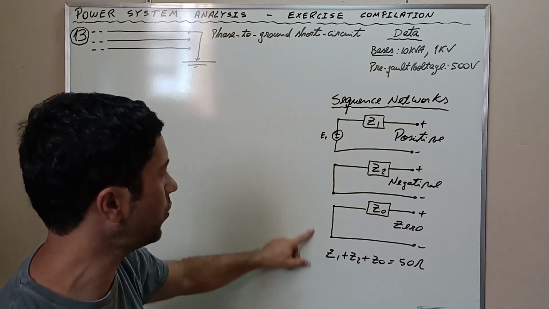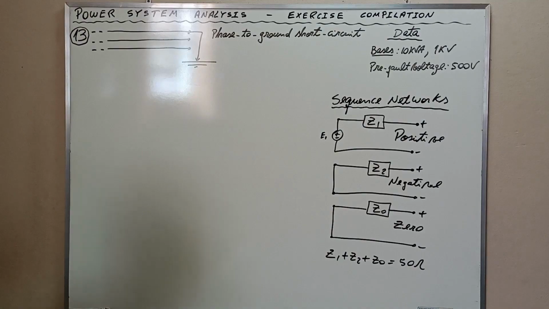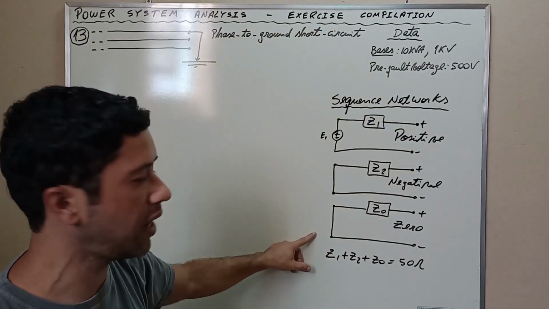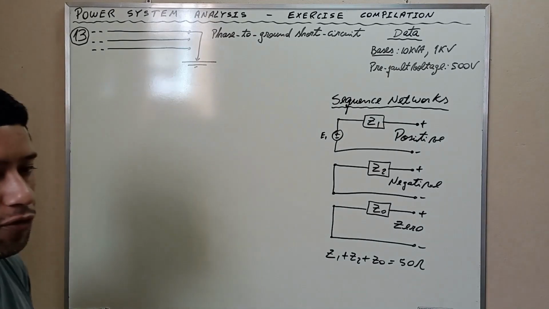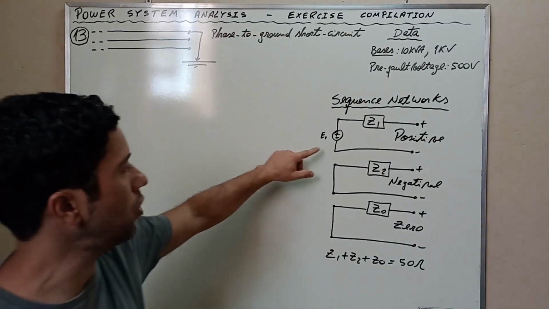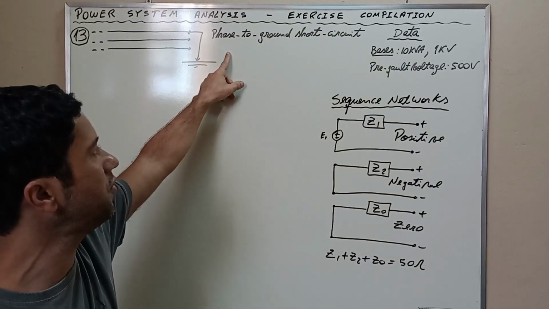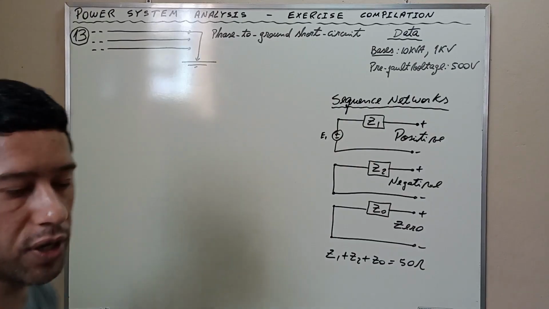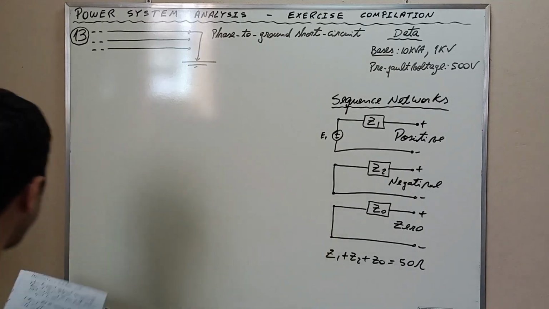These are the sequence networks that we use to model short circuits. Depending on the short circuit, we are going to connect them in a different way. For example, for a three-phase short circuit, we use only the positive sequence. But as it is a single phase to ground short circuit, we are going to have to use the three. Alright? And they are connected in this way.